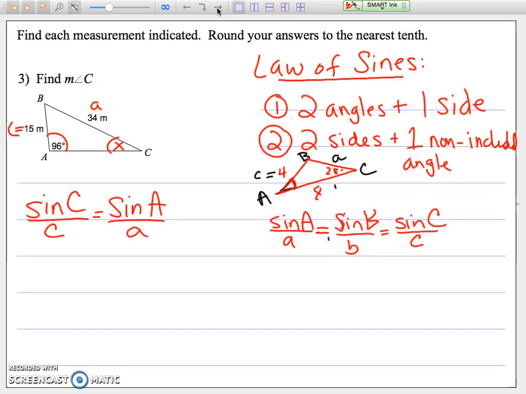So the sine of C is what I don't know, so I'm going to leave that written like that, and I'm going to put it over 15, because that's the side that corresponds. And then I know the sine of 96 degrees over 34. And once again, I'm just going to cross multiply and divide.